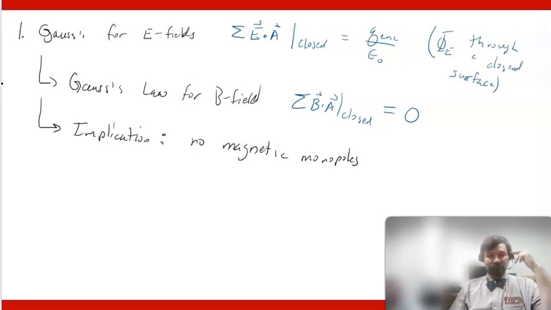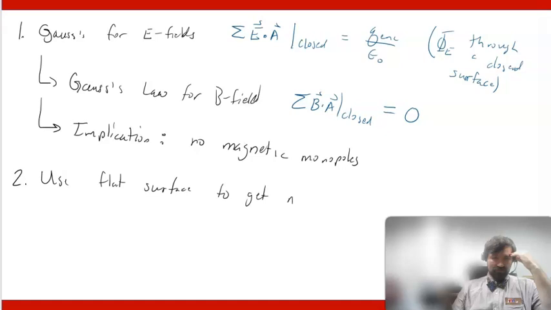Second item is basically what happens if you want to just look through a flat surface. So these basically use a flat surface to get non-zero flux for B field.